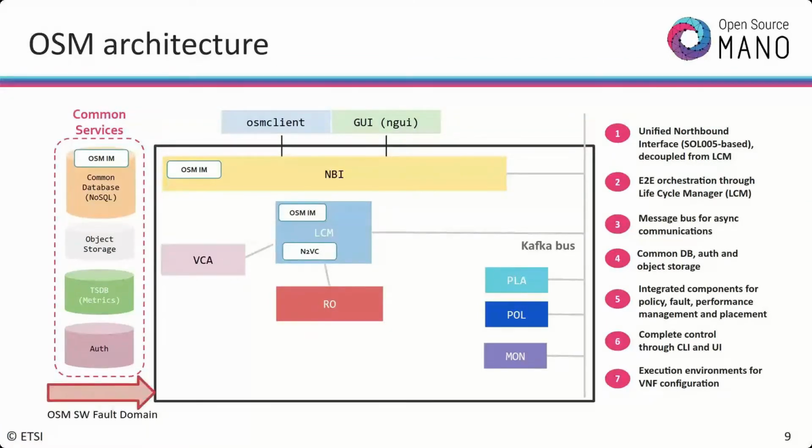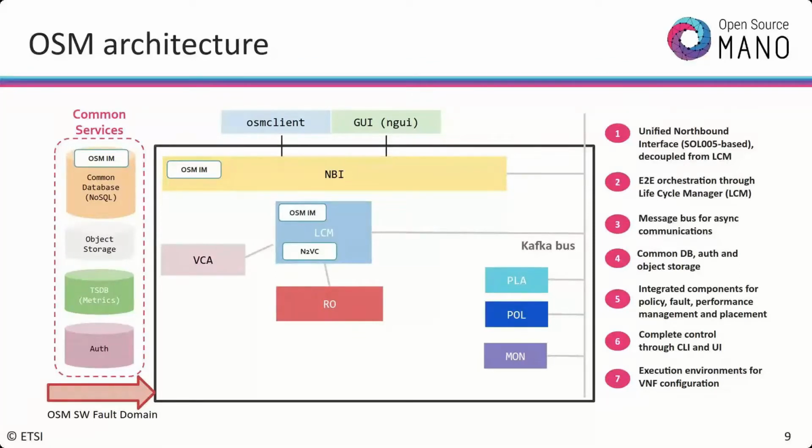The software domain for the OSM software. The fact that the NGUI is kind of outside of this box is a little bit misleading. What this means is that the web browser for the UI is outside of the box, but the actual service that serves up the web pages is inside of the OSM software fault domain. So that one's just a little bit confusing.